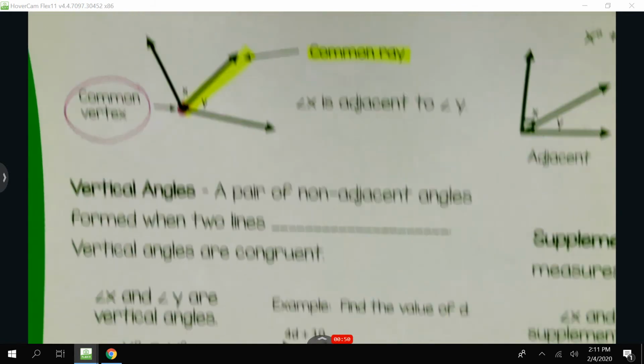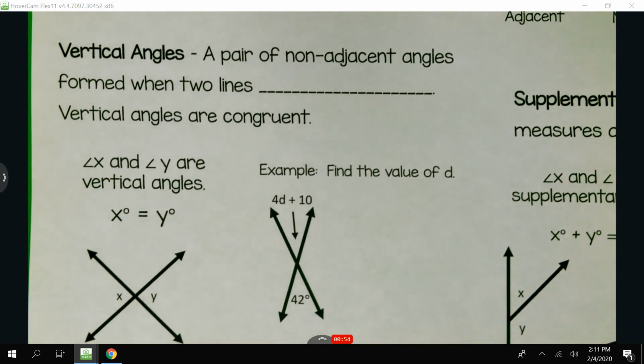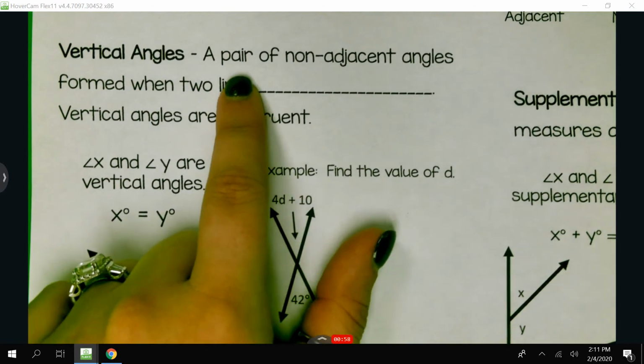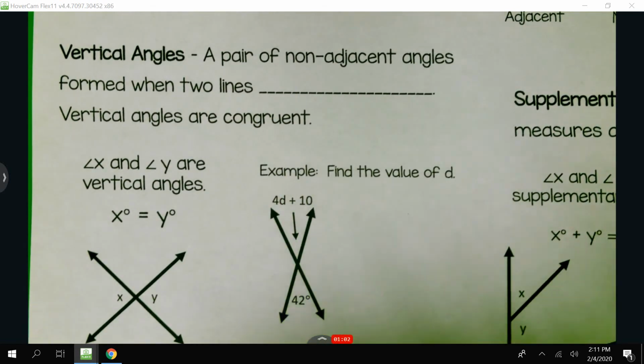But vertical angles, we do know about their measures. Vertical angles are a pair of non-adjacent angles formed when two lines cross, or mathematically they intersect.